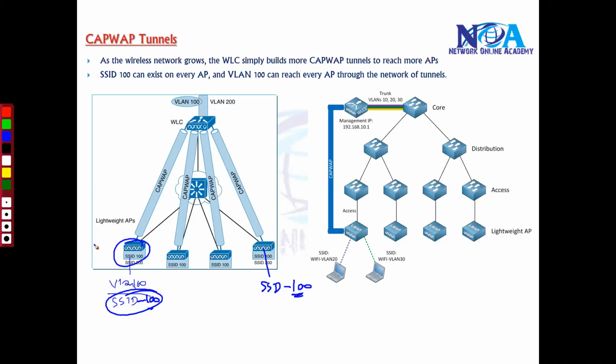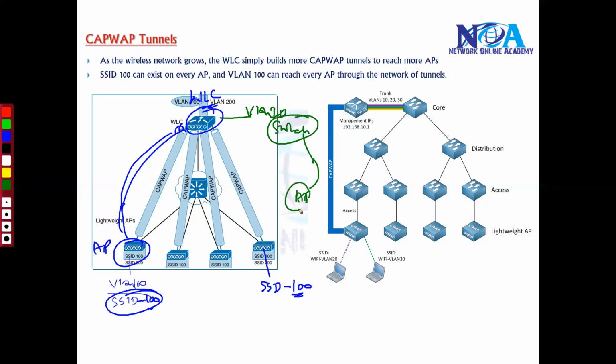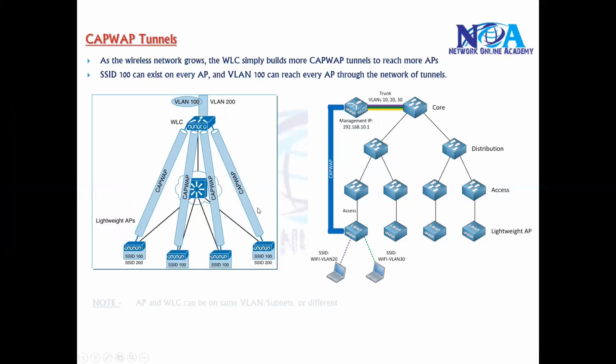The access point encapsulates inside the tunnel, and then the WLC de-encapsulates, checks the VLAN ID, and sends it back to the switch, and then it reaches the nearest access point and then back to the end device. This is the same typical process I discussed.